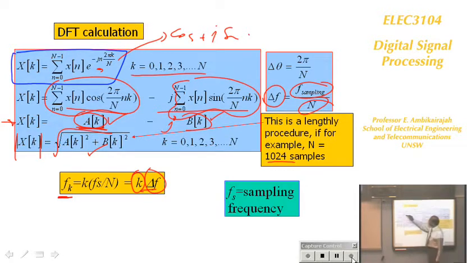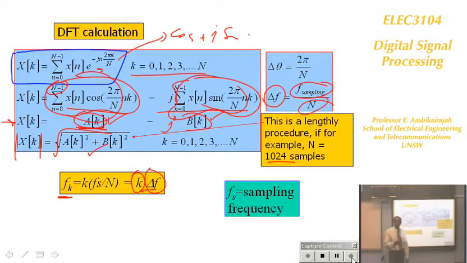Imagine you have 1024 samples: for every value you have to evaluate this first, then evaluate this second, and then square root and square. It's not easy. It takes a lot of time. So DFT computation is very complex.